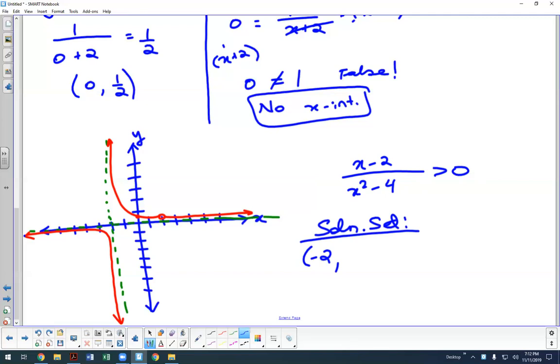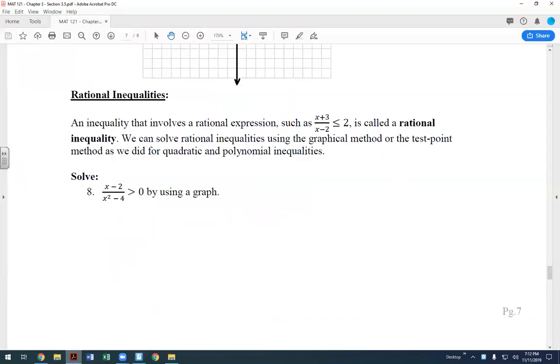We can only go till 2 because I am skipping that little point there, so I need to make sure I stop at 2, and then I can pick up on the other side of 2 and keep going to positive infinity. Okay? So always be mindful of that one place where these functions are going to make that jump, just because our domain would not be at those values.